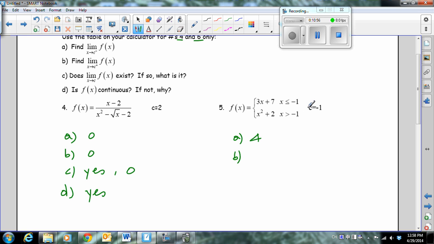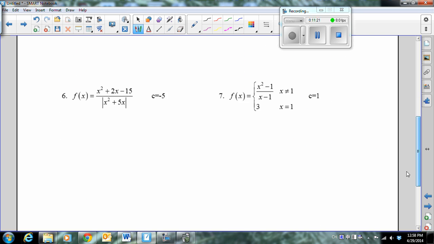Let's do B. From the right, meaning I'm using the second equation, if I plug in -1, I get 1 plus 2, which is 3. Just looking at it, I know C is going to be a no, and D is also going to be a no, because the limit as x approaches -1 of f of x does not exist.